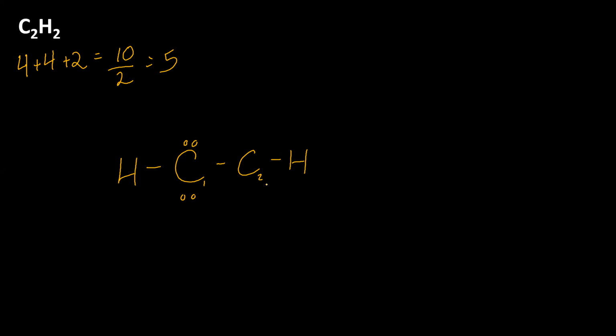Yeah, it doesn't have the octet. Okay, let's fix that. Let's erase and make a double bond. Does that fix it up? No. Okay, well, let's keep going then. Let's erase and make another bond. Does that take care of it? Yeah, and that's how I know it's a triple bond in the middle. So the same steps we've been doing work still, even to larger molecules with more than one center.